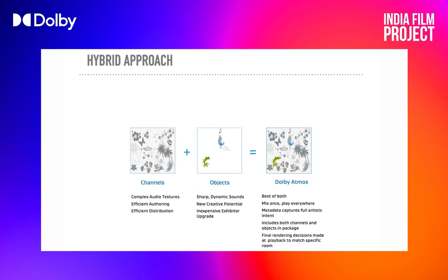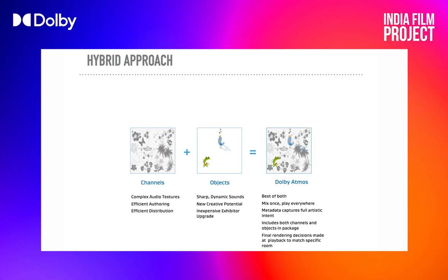There are certain benefits of distributing sound into channels. One, because we have been used to using that channel-based format for so many years, it helps us work very fast. Certain things like ambience, for example, need to spread across a wider area, just need to fill up the whole space, so they are better suited to be distributed into channels.